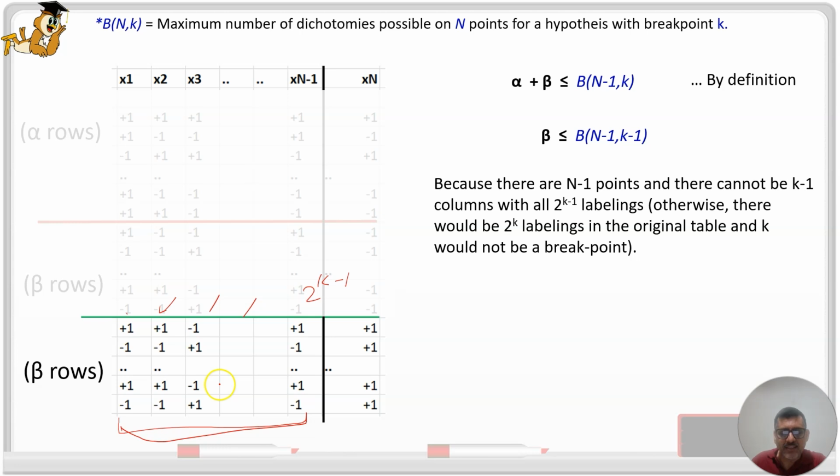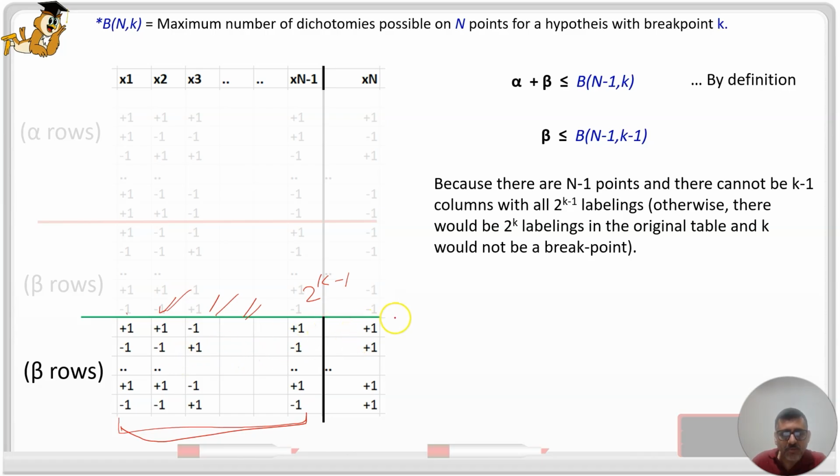Why am I saying that? Because if in this group you could find k minus 1 columns which had all 2 to the k minus 1 labelings on those points, by adding this kth point, which is xn, you would be able to have k points which have all 2 to the k labelings.